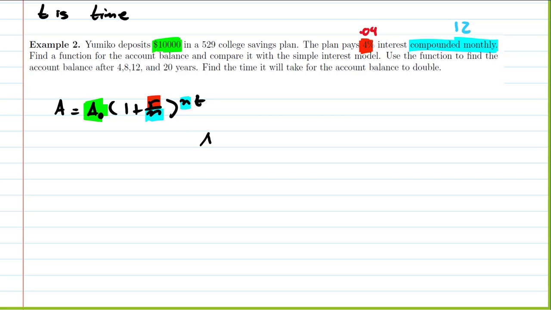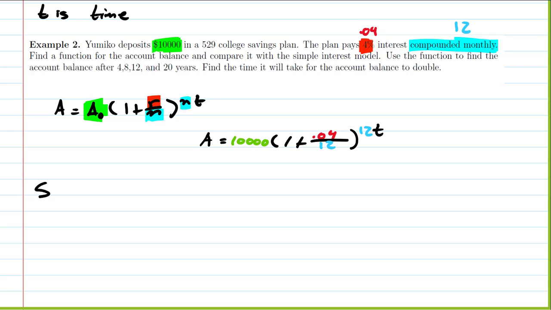So this gives us A equals 10,000 times 1 plus 0.04 over 12 raised to the 12t. So that is our compound interest formula.